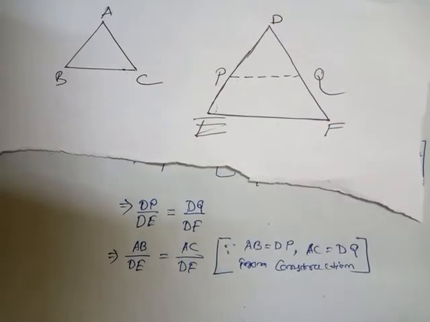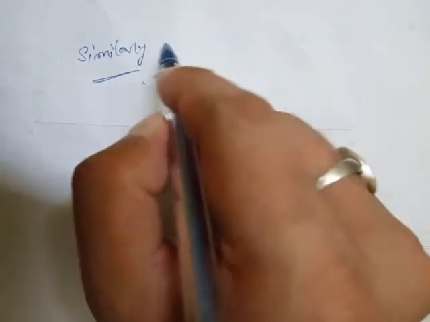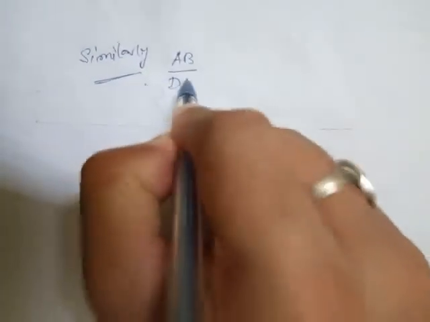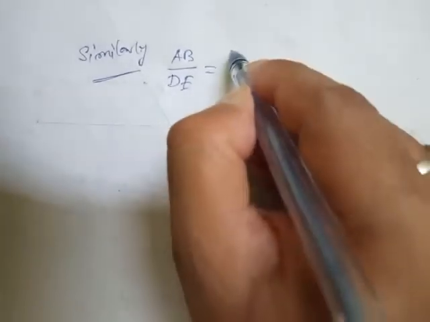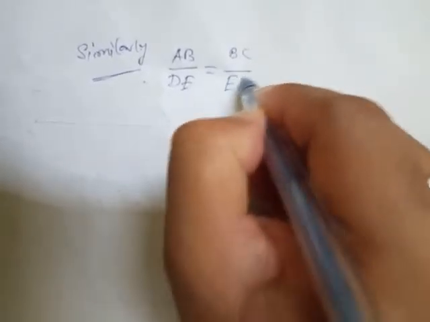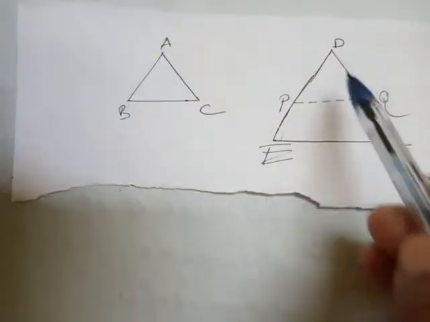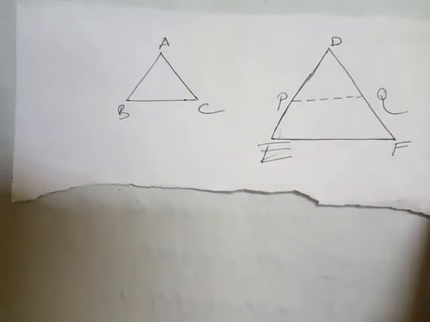So here I will write now, similarly, AB by DE equals BC by EF. Look here, student, look in the diagram, similarly AB by DE and BC by EF also.